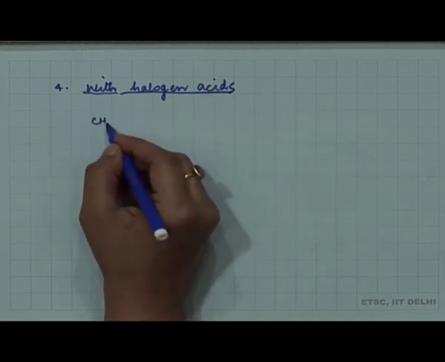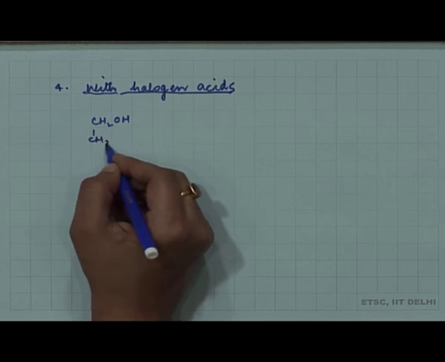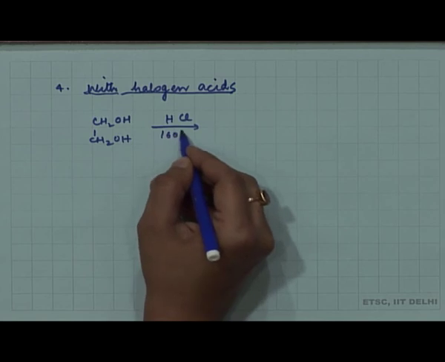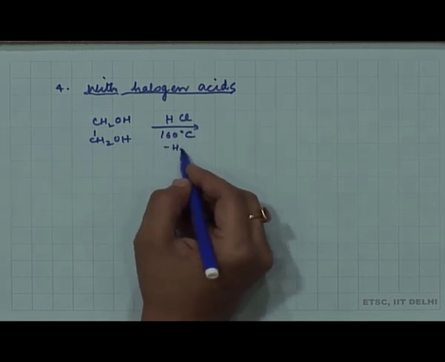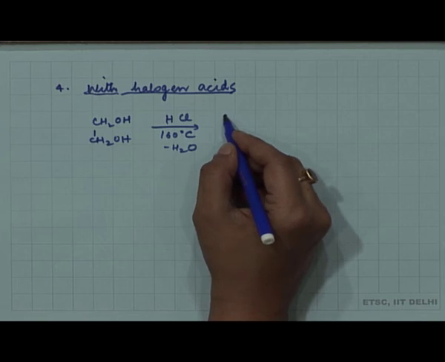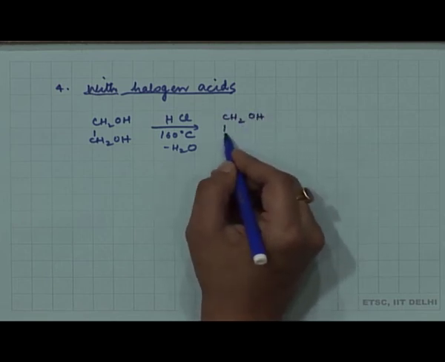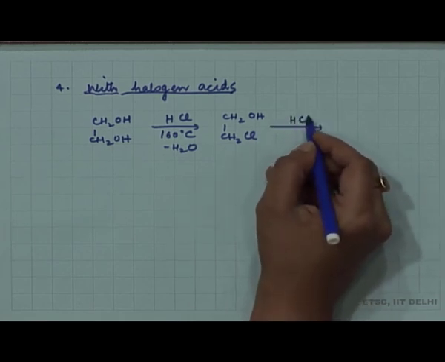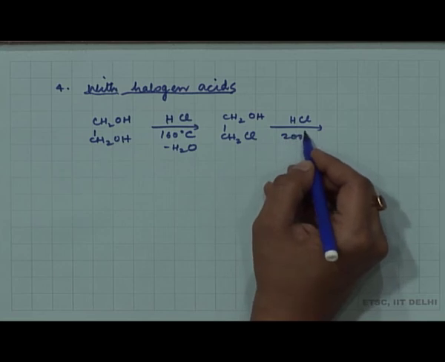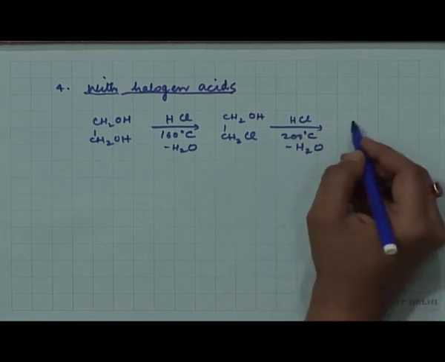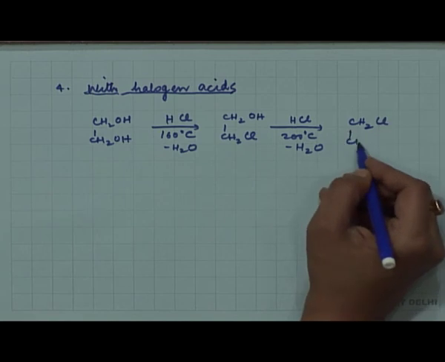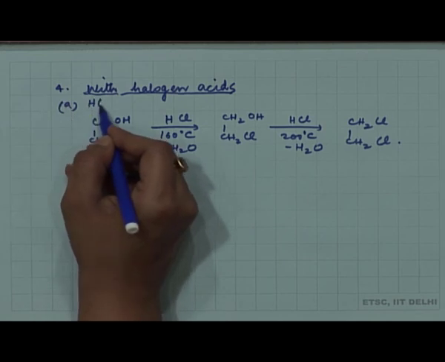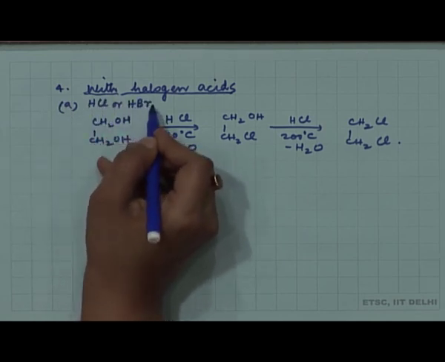So, here also if you start with a glycol and treat it with HCl at 160 degrees centigrade, with loss of a water molecule you get a monohalogenated product, and with another equivalent of HCl at a relatively higher temperature, 200, you get a dihalo compound. So, this is the reaction with the halogen acid, HCl or HBr.